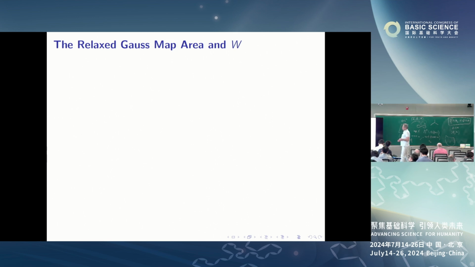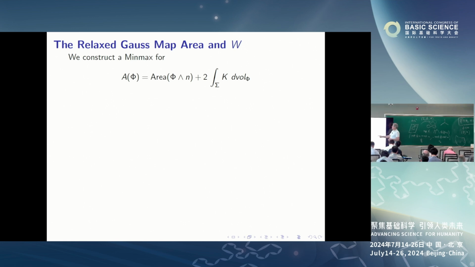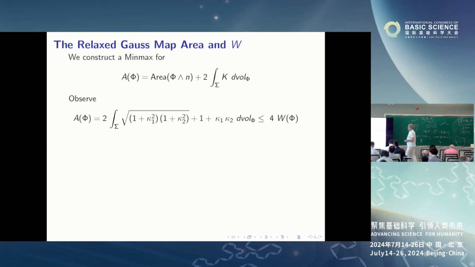So which min-max operation are we looking at? So we are taking this energy, which is the area I wrote before of the Gauss map, plus a null Lagrangian here. So this energy is less or equal than 4 times the Willmore energy.